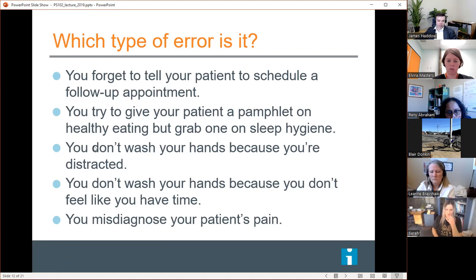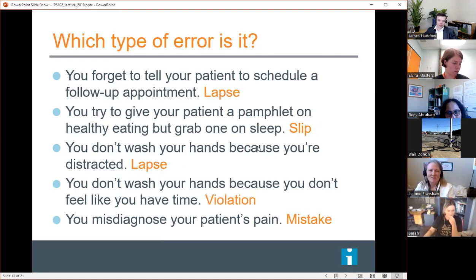Rennie says number 3 is a violation. You don't wash your hands because you're distracted. Leanne says lapse, and a mistake, lapse, violation, and then lapse. Blair says slip, slip, lapse, violation, slip. Great. Okay. So we got some different ideas.